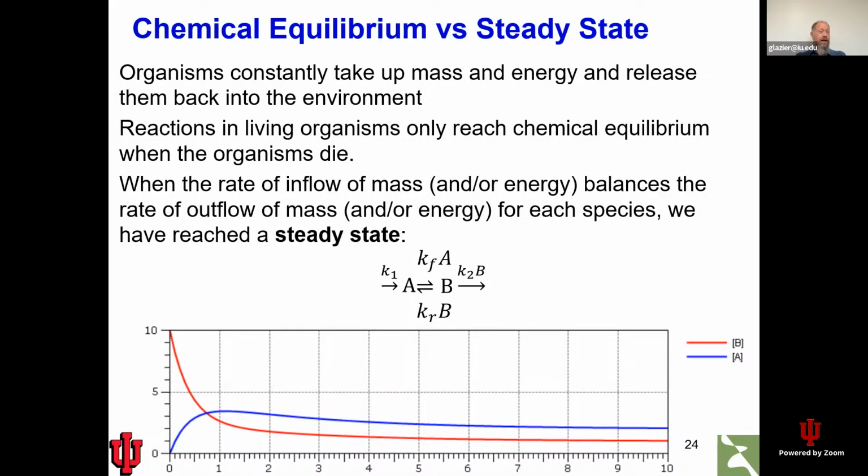I'm pouring A in at a rate K1, and B is decaying at a rate K2 times B. Now, if I run this situation, I'll reach a situation in which the concentrations of A and B don't change, but it's not an equilibrium. It's a steady state, but it's not an equilibrium. There's no chemical equilibrium. I'm always having a source and I'm always getting rid of the chemical. And so there is no equilibration here.